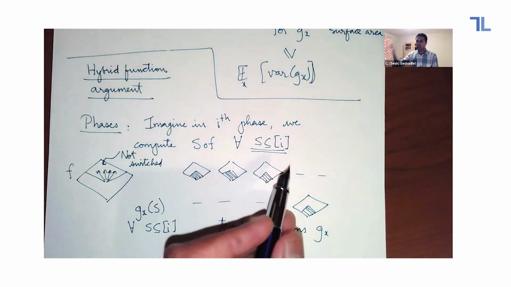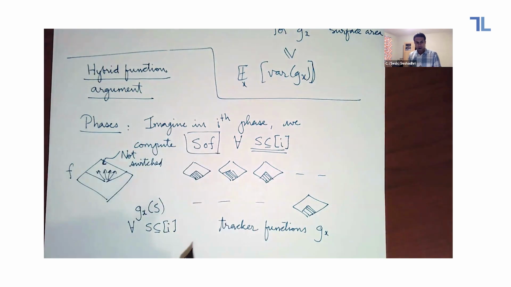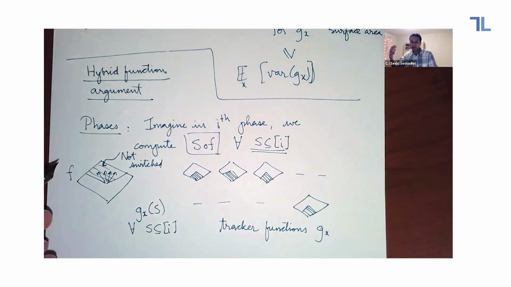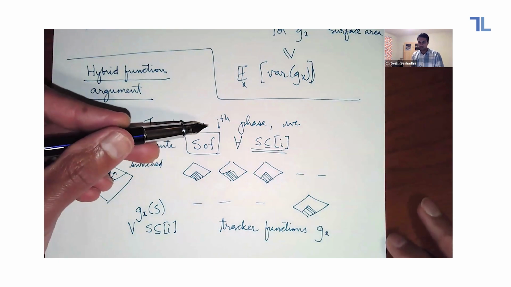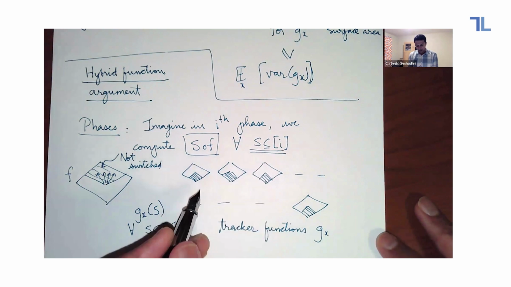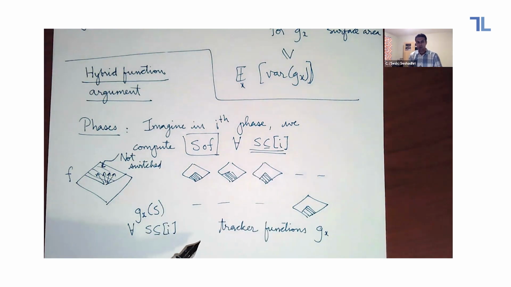So you've switched on all subsets, computed some portion of the tracker function, and there is some portion of f that is still non-monotone. In the ith phase, in all of the coordinates less than I we will track influence here, and in coordinates more than I we will track influence here. It's a weird thing. This is where it's a hybrid function.